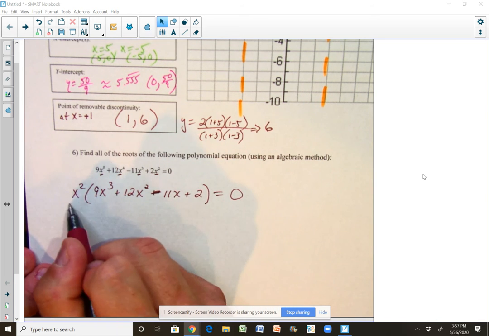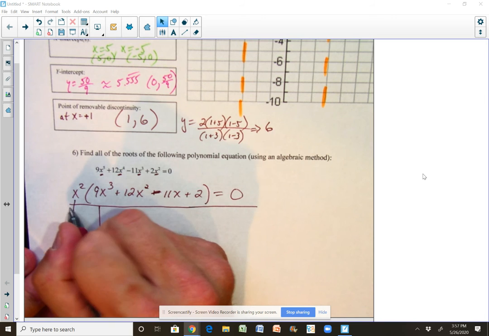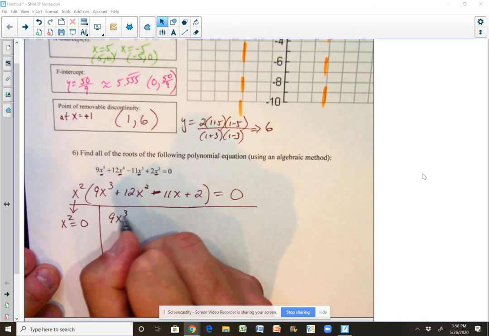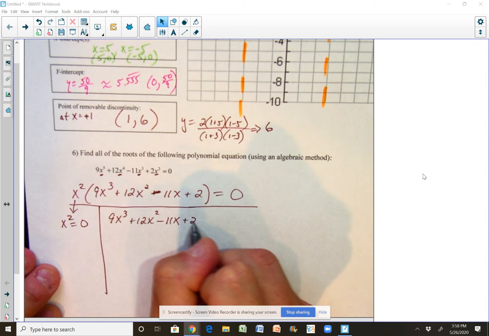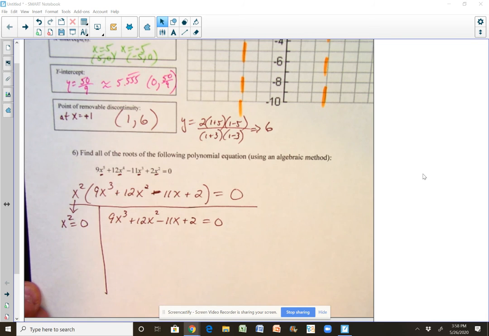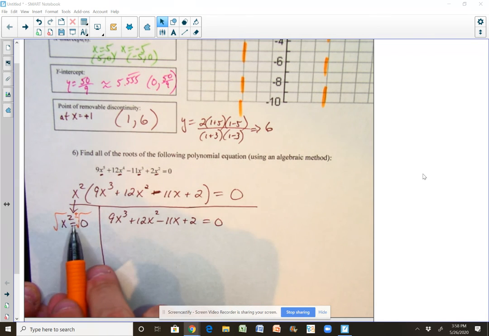So if we do our little t-chart right here, we already get 2 roots right off the bat. x squared has to equal 0, and 9x cubed plus 12x squared minus 11x plus 2, I want to solve that equal to 0. So this means if I take the square root of this, we get something like this, and it's a plus and a minus. So technically there's 2 roots there.